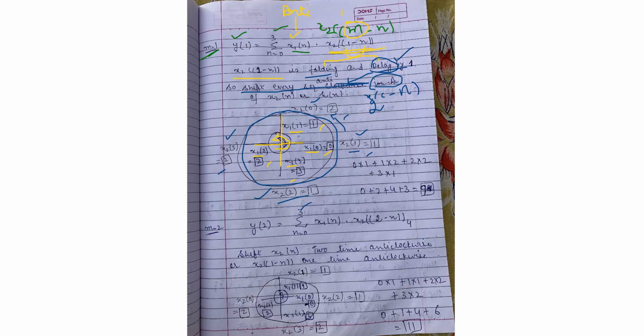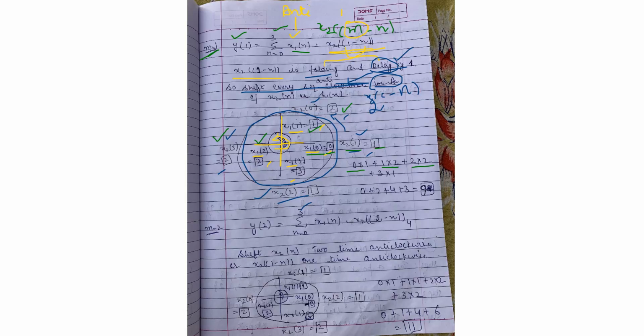Again the same thing. Multiply x1 of 0, the value is 0, with x2 of 1, the value is 1. So 0 into 1. Here x1 of 1 is 1 and x2 of 0 is 2, so you write 1 multiplied by 2. Here x1 of 2 is 2 and x2 of 3 is 2, so you write 2 into 2.